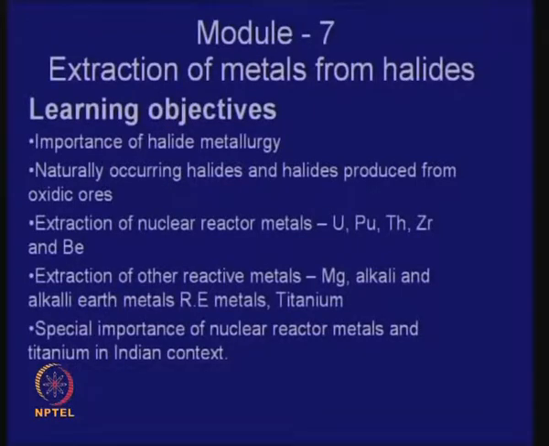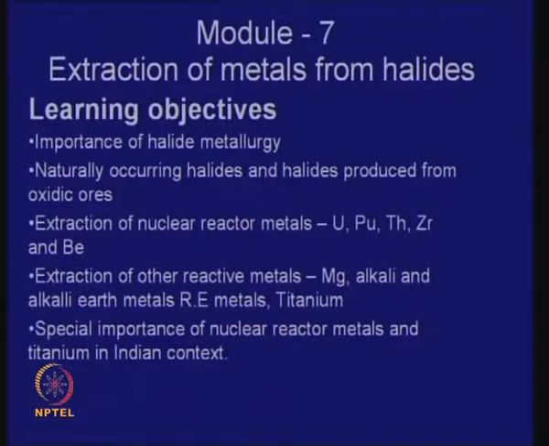These are called nuclear metals, reactor metals, because they all have important roles in nuclear reactors. You all know that nuclear reactors will not be nuclear reactors without uranium. Uranium is the most important element, and right now the only element from which we can think of producing nuclear energy.